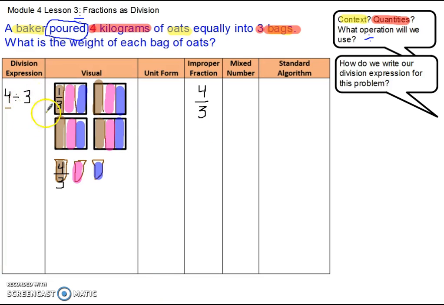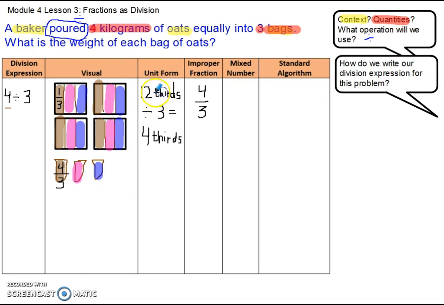Another way to think about writing this division expression is in unit form, and how we do that is we take a look at how many parts and what those parts are labeled. So in all of our 4 wholes, there are 12 parts, and each of those parts is a third. So in our 4 wholes, we have 12 thirds, and we would still be dividing that 12 thirds by 3. Because we've broken it down and decomposed that 4 into thirds, we have 12 thirds divided by 3, which would equal 4 thirds.